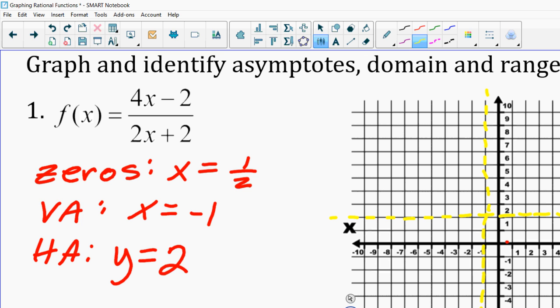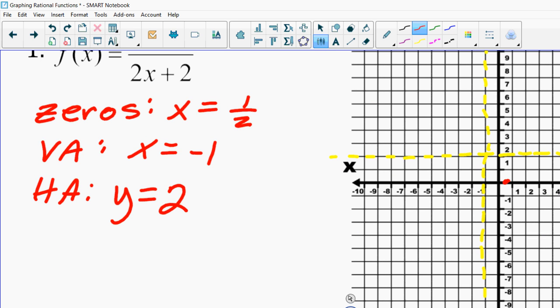Now, do you notice that we've already got 1 point graphed right there? The rule said you need to find 3 points on each side of the vertical asymptote. We've already got 1 on the right side, so we just need to find how many more? 2. And then we need to find 3 on the left side. So this is where you're going to make a table.